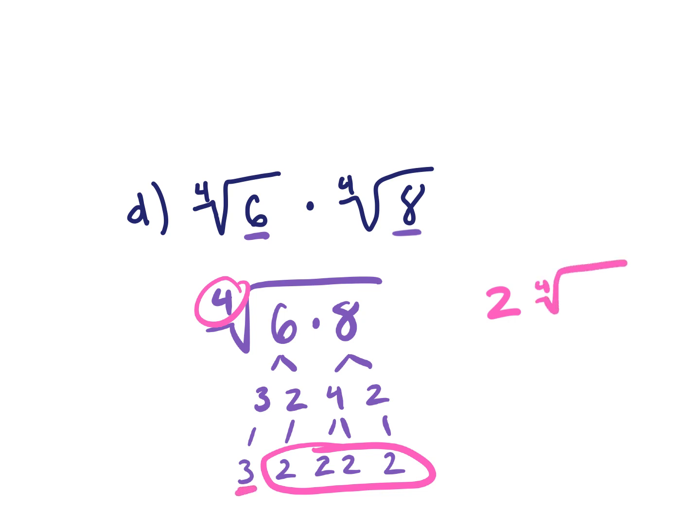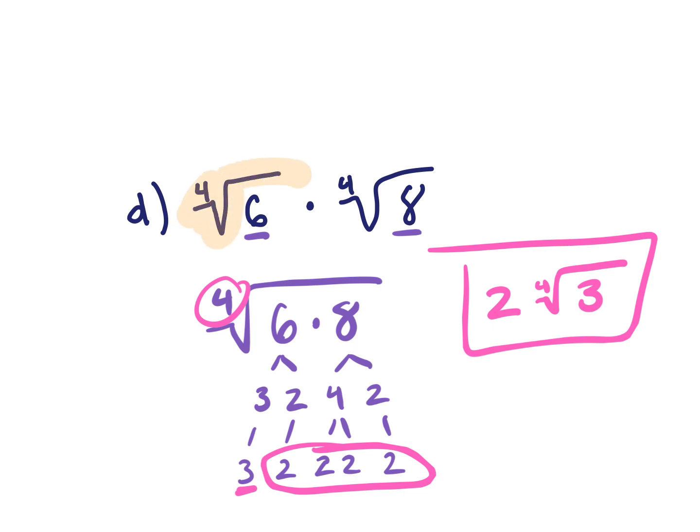What would be left on the inside? 3. So I have 2 times the 4th root of 3. Whatever your radical is in the question, I have the 4th root here, the 4th root here. I need the same radical in my answer. So it has to have the same index in your answer too.